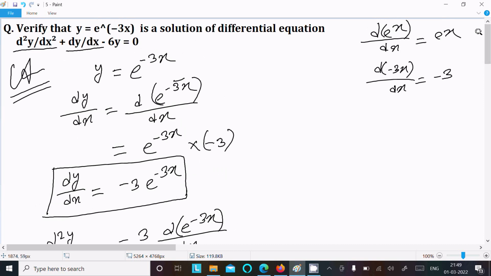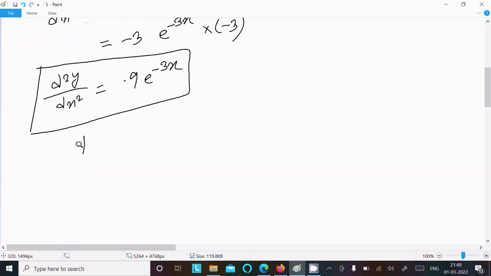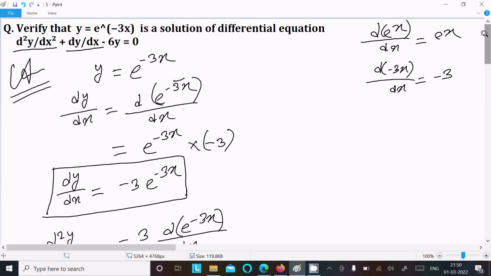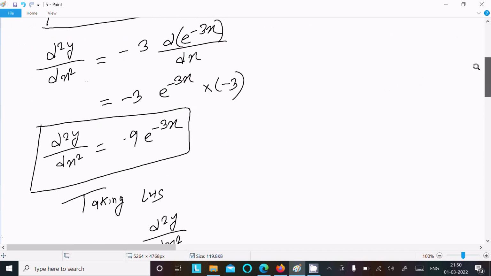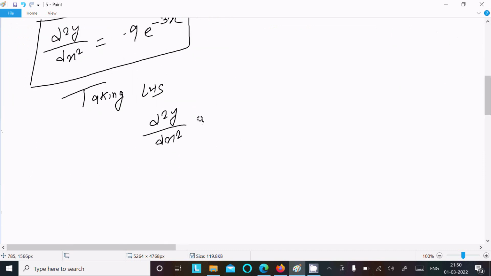Now after that, taking the LHS and making it 0. So now here, writing the left hand side: the second derivative d²y divided by dx², plus dy by dx, minus 6y.